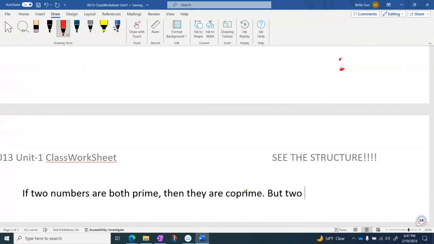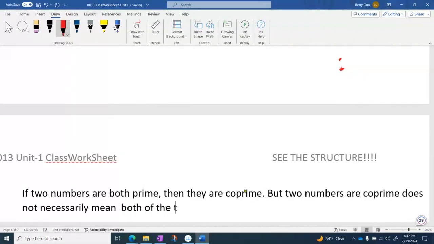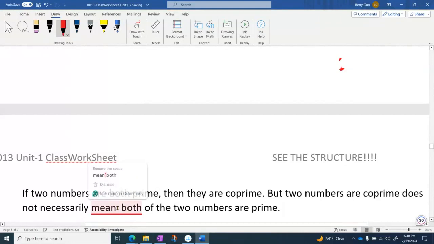But two numbers being coprime does not necessarily mean both of the two numbers are prime. Okay, write the sentence down and then we are going to understand the meaning.